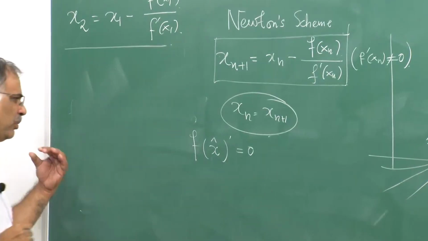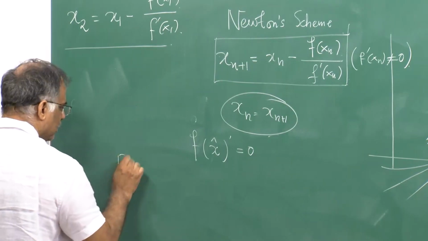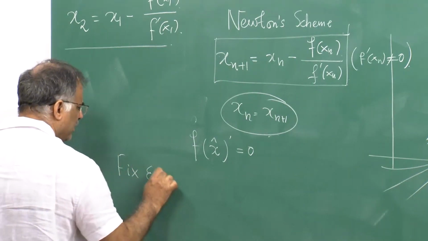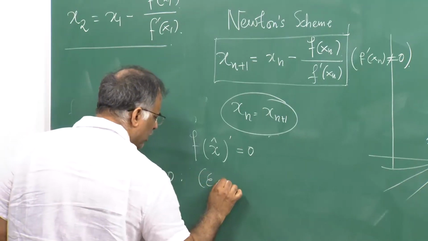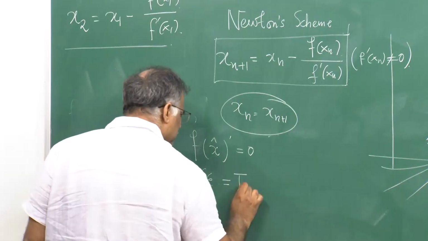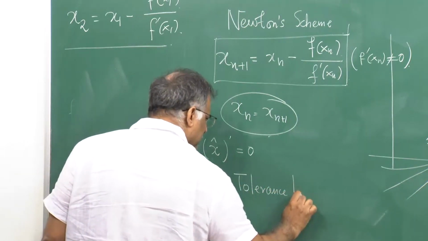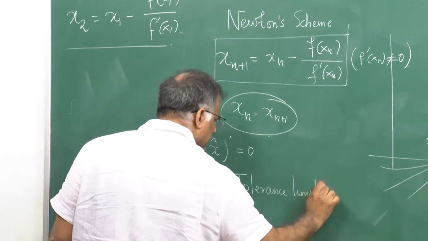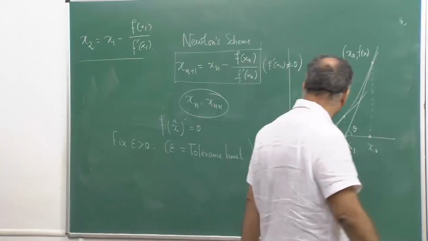So the way things would be done in an algorithm is to fix epsilon greater than 0, and epsilon is called the tolerance limit.